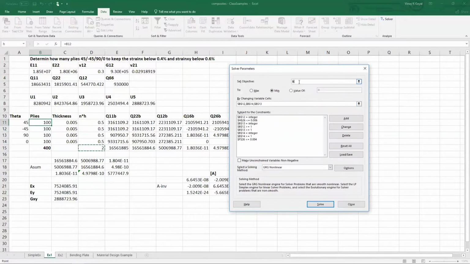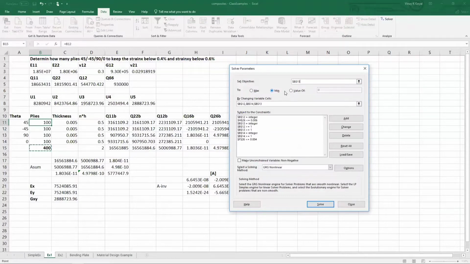Here we're going to set the objective function h, so we want to minimize this right here, the total thickness. That's what we want to do, is minimize the thickness. Or we can also minimize the number of plies. So actually, I can just make this one the number of plies, because it's the same thing. The least number of plies, then we should be okay.